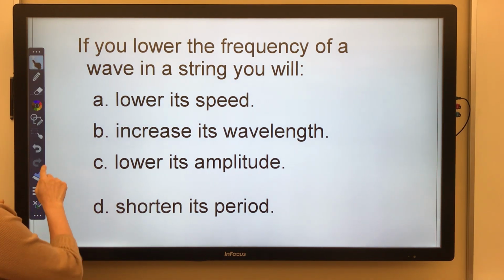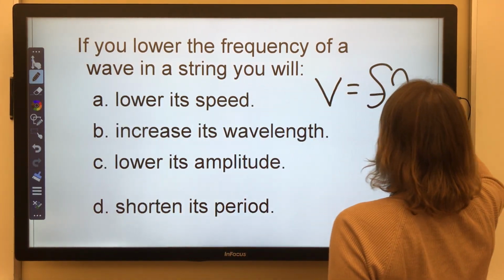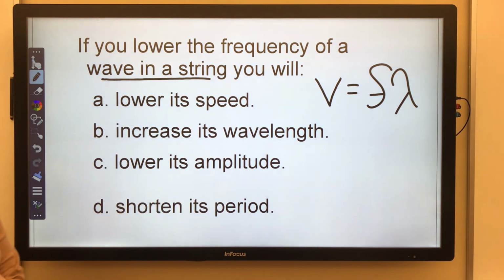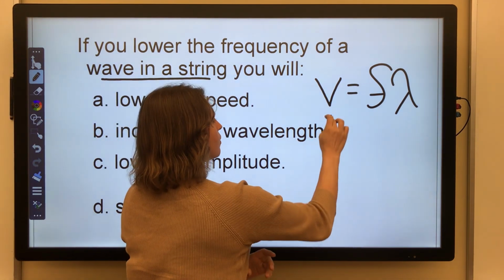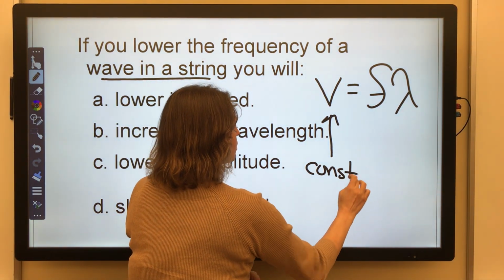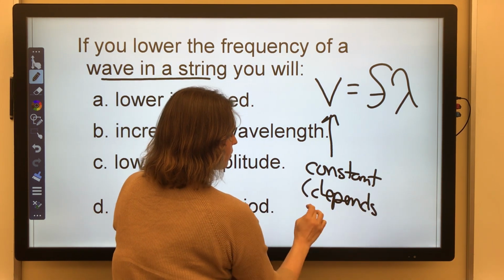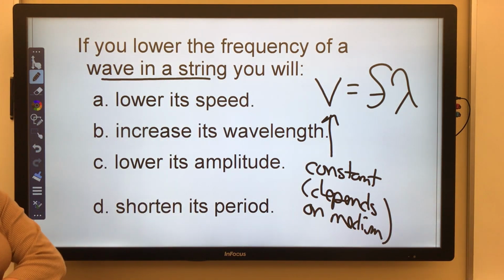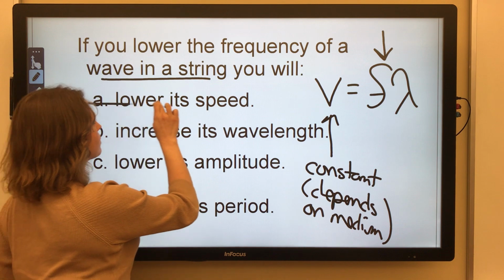So let's take a look at what our equation is for waves. Wave speed equals frequency times wavelength. If I lower the frequency for a wave in a string, I'm going to assume that I'm not changing the string itself. I'm not changing the medium. And so the speed is constant because it depends on the medium. If that's not changing, then lowering the frequency is going to have no effect on its speed.